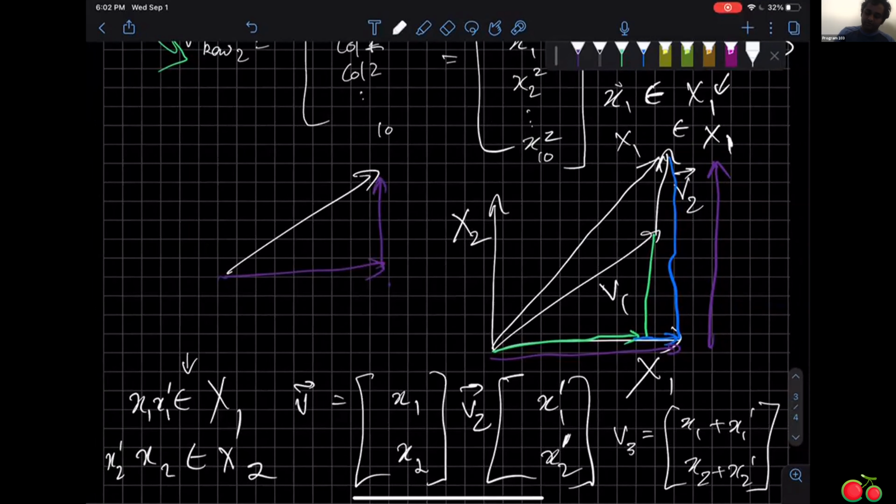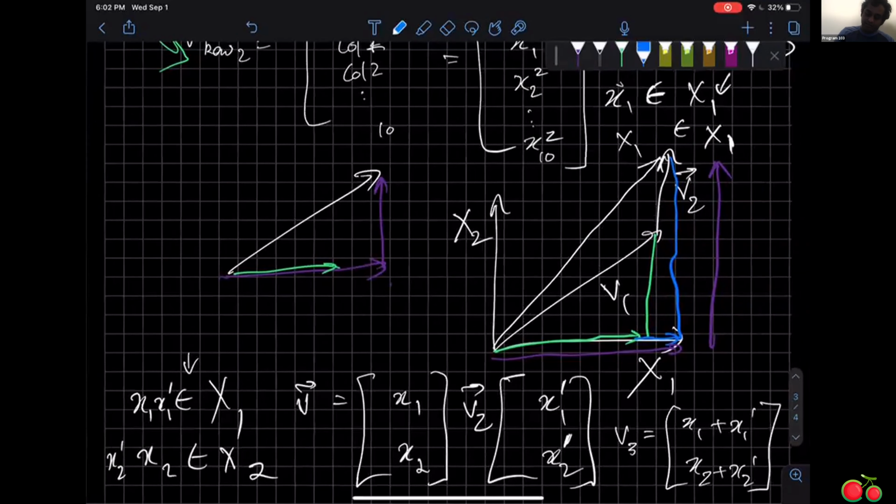That's a sum of the x green line and the x blue line, and then the y green line and the y blue line. That's what vector addition is all about.